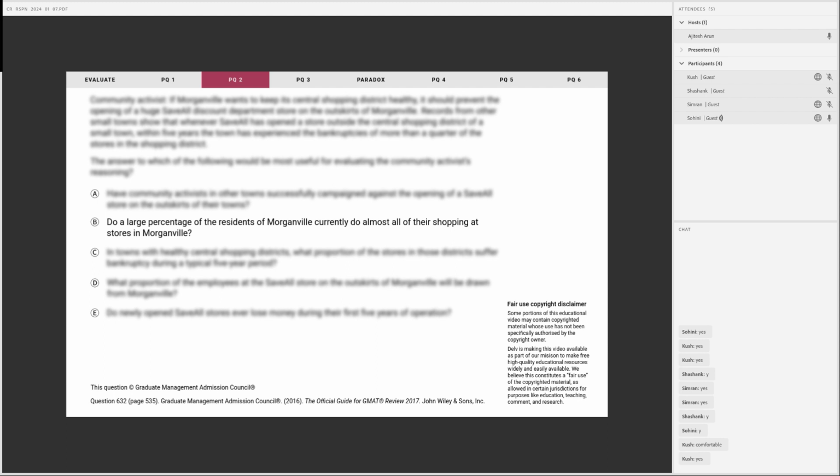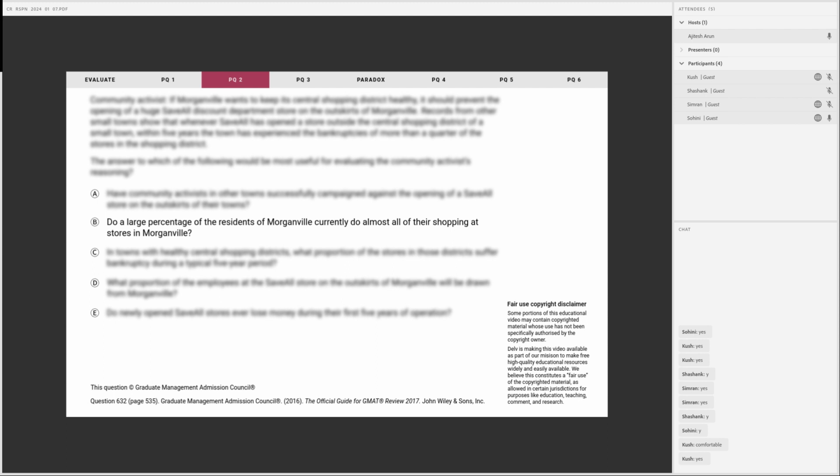There may be a possibility that people from outside of the city come to shop in this district. That is correct. So maybe the central shopping district doesn't depend on residents of Morganville. Maybe their business is coming from people outside Morganville. I think that's your point. Yes, so it doesn't actually tell us whether, if the people stop coming here, it will affect the sales of the stores.